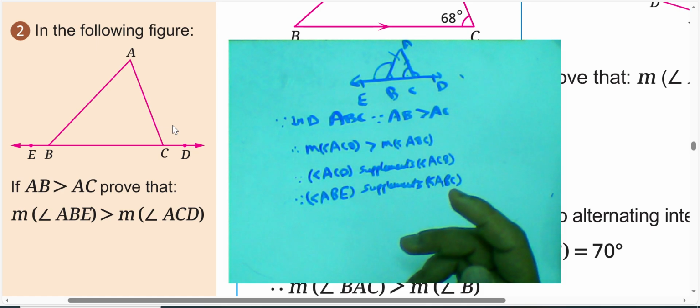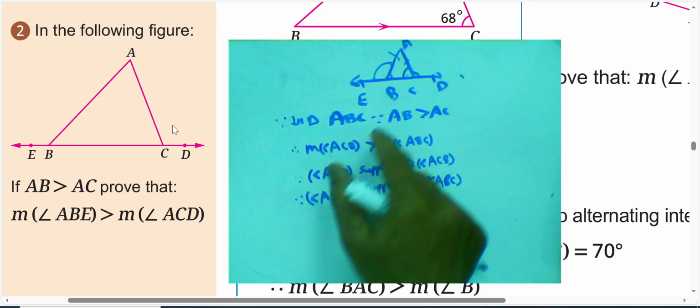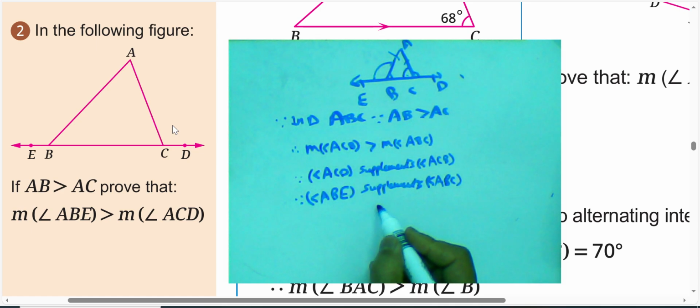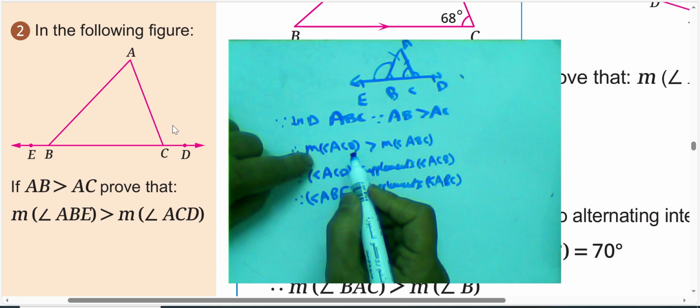You write the inverse relation. Angle ACB greater than angle ABC, then you change direction and write the supplement of this angle.